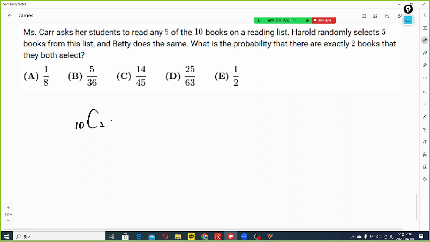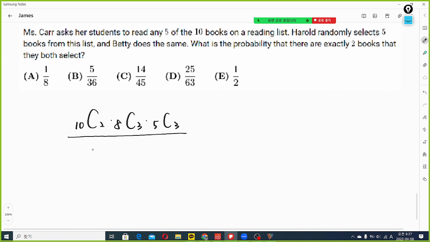And from the remaining 8 books, let's say Harold chooses 3 books. That's 8C3. And for the remaining 5 books, Betty should select 3 books. So these are the cases we want, and to find the probability, we need to divide this by the total number of cases.